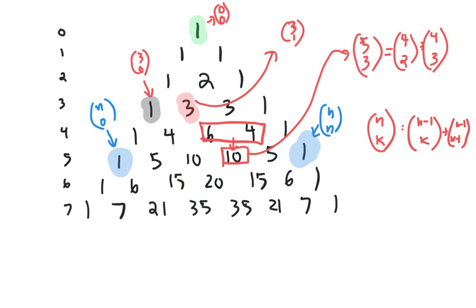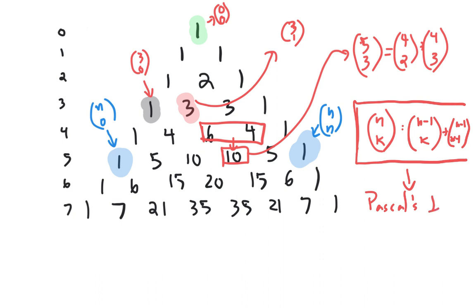And that we've proved. That's Pascal's identity. We've proved that in class. So that's great. So we can see that this is indeed binomial coefficients written in a triangle.